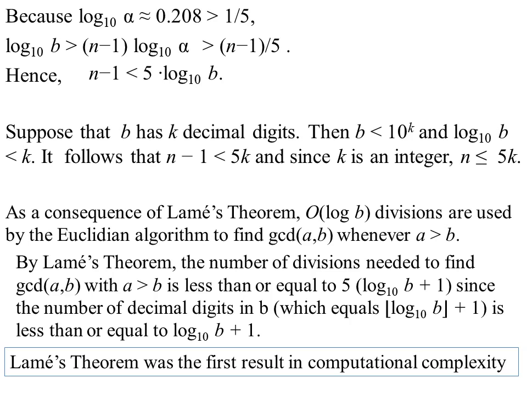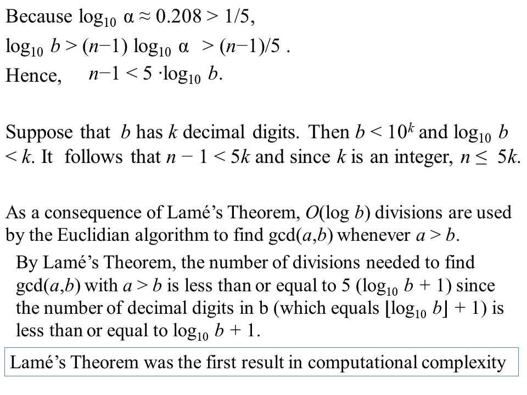Now it follows that we can substitute with n minus 1 less than 5k, because in the place of k we can go with log B base 10. Since k is an integer, n will be less than or equal to 5k.